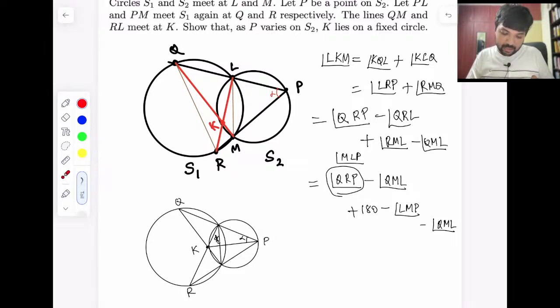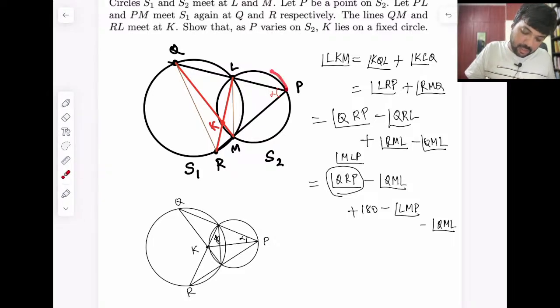Abhi notes that the locus passes through L and M. As P varies over the circle S2, when P coincides with L, this chord will just become the tangent. So P equal to Q will equal L, then you will get a tangent, right? And what will happen then? So maybe that is the case to consider.